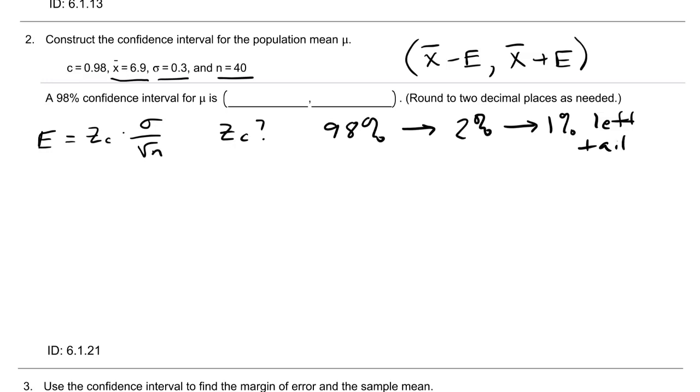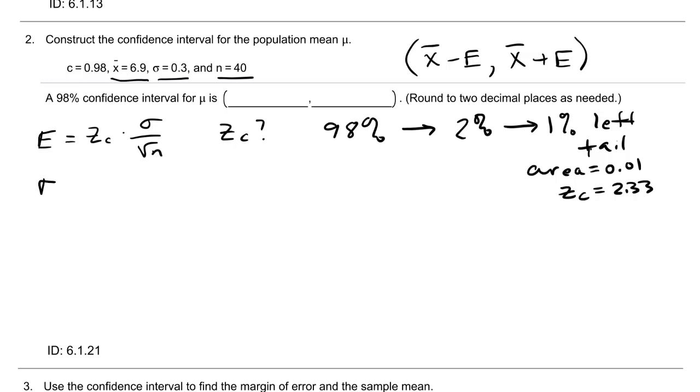Okay. So now if we look up the z-score associated with an area of 0.01, then we're going to find that our critical value is 2.33.